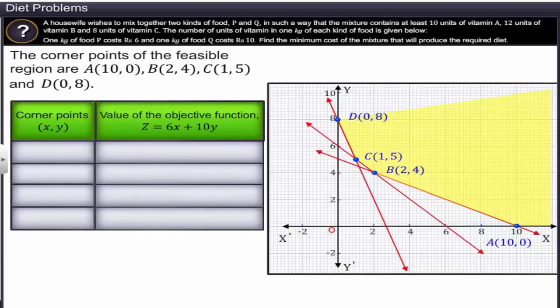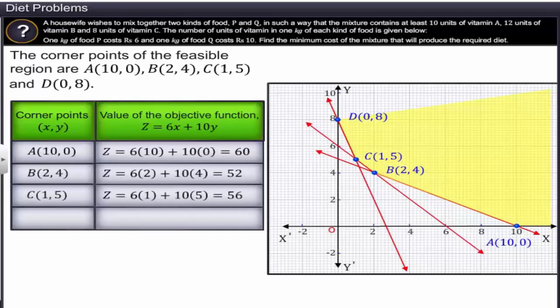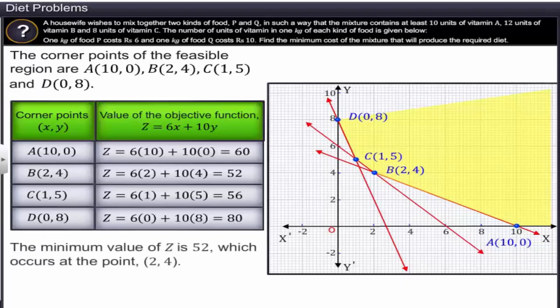The value of the objective function is 60 at A (10, 0). Similarly, the value of the objective function is 52, 56, and 80 at points B (2, 4), C (1, 5), and D (0, 8) respectively. The minimum value of the objective function is 52, which occurs at B (2, 4).